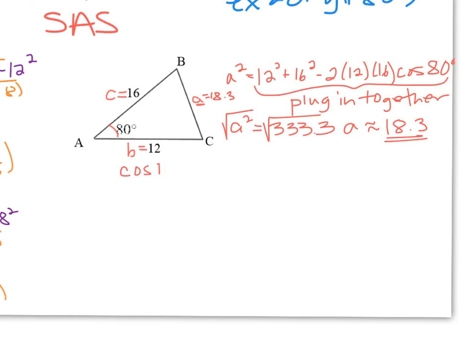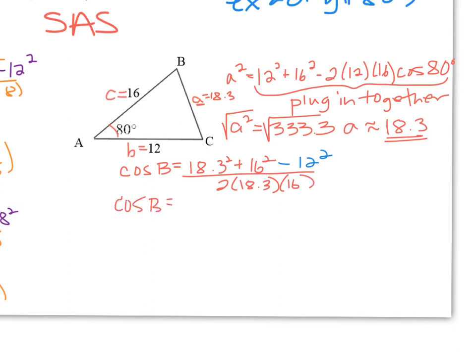Start with cosine B. If we do A squared plus C squared minus B squared all over 2 times A times C, we would get cosine B equals 446.89 divided by 585.6. To get B by itself, take the inverse.